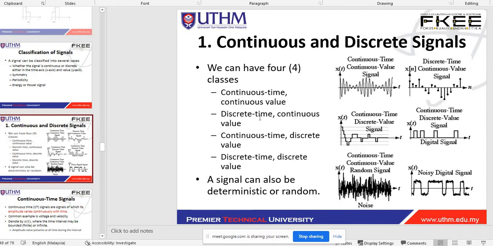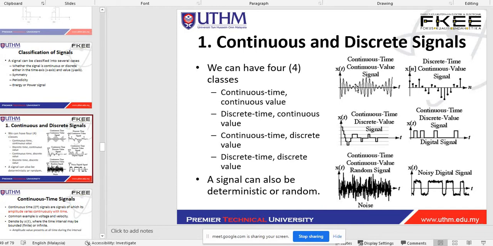Then the second one is discrete time, continuous value. If you look at this one, this is discrete time. Discrete time means that the time is not continuous, for example only at certain times. In the first one, continuous time and continuous value, you have 0, 0.1, 0.2, 0.3, up to 1, 1.1, 1.2, up to 1.9, then 2.